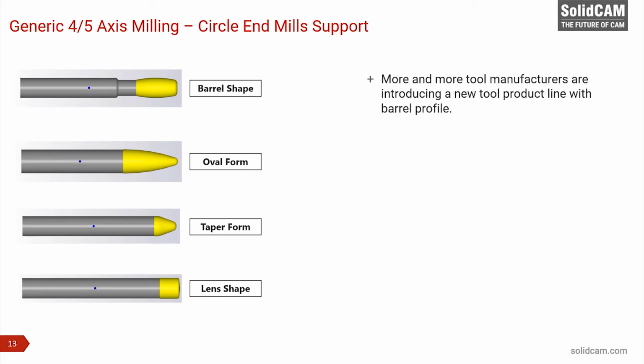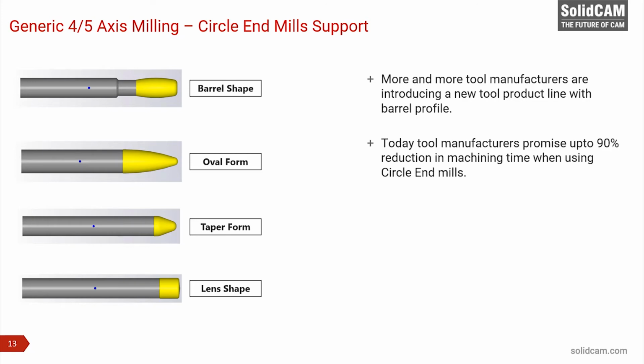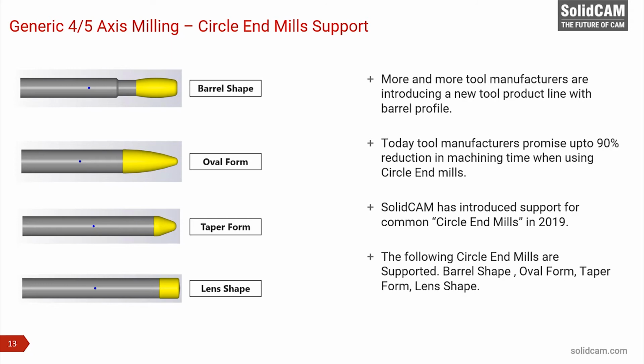More and more tool manufacturers now are introducing new product lines with barrel profiles, and they claim and promise up to 90% reduction in machining time when using circle end mills. SolidCAM introduced them in 2019, and we have been improving it in every version, and today in 2021 we have automated toolpath generation using circle end mills, and we support barrel shapes, oval form tools, taper form tools, and lens shape tools.